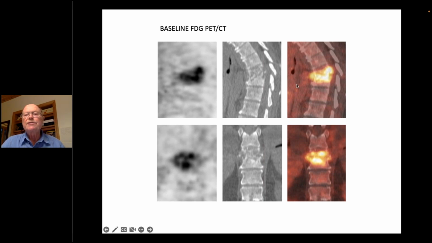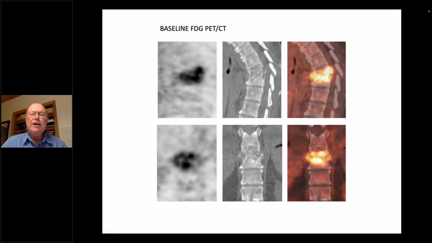Hematogenous spine infection starts in the vertebral end plates. Proteolytic enzymes destroy the disc when the infection breaks into the disc space, and then it penetrates the adjacent vertebral body. So in active disease, you typically see uptake in bone, and it may extend into the adjacent soft tissues and into the spinal canal.